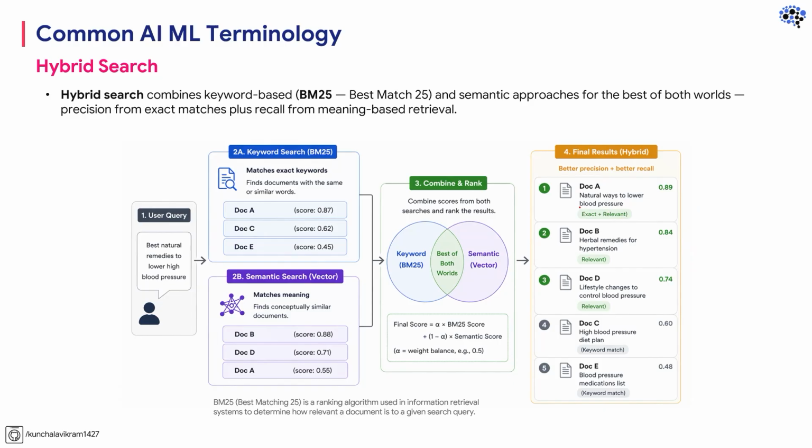Doc A has information about what are the natural ways to lower blood pressure. Other documents also have remedies, but through herbal ways or lifestyle changes, which may lower blood pressure, but they are not natural. So through BM25 and semantic search, we find documents that are actually needed by the user, not the ones which may be useful but are not relevant to the user query.